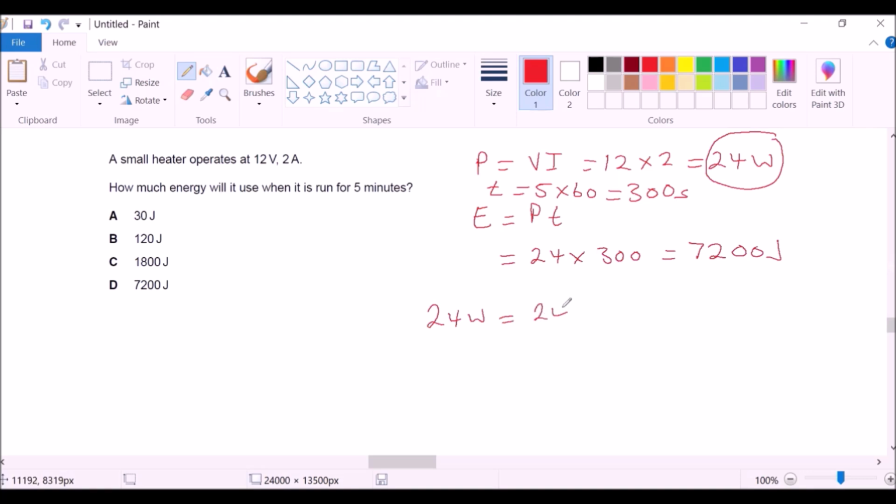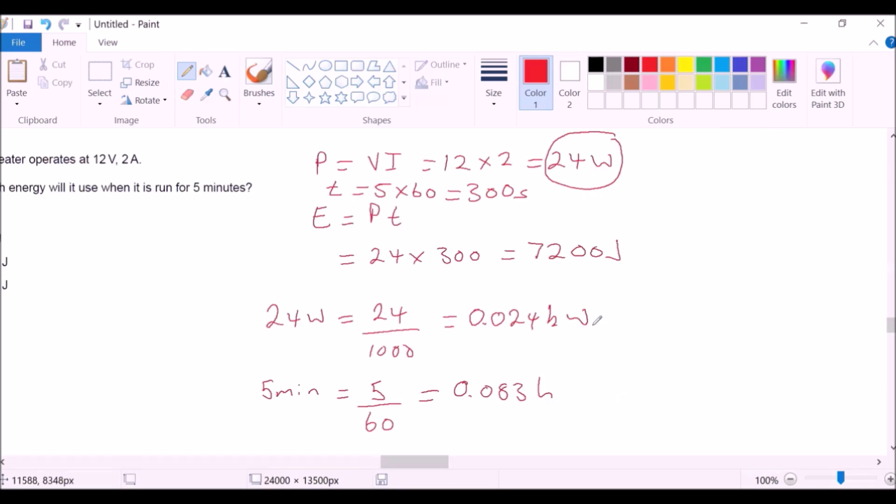Now, if we were asked for our energy in kilowatt hours, we would take this 24 watts is equal to 24 over 1,000, which is 0.024 kilowatts. Then 5 minutes is equal to 5 over 60, to convert it to hours, which is 0.083 hours.